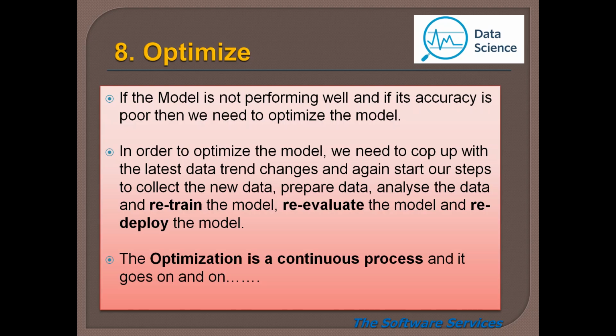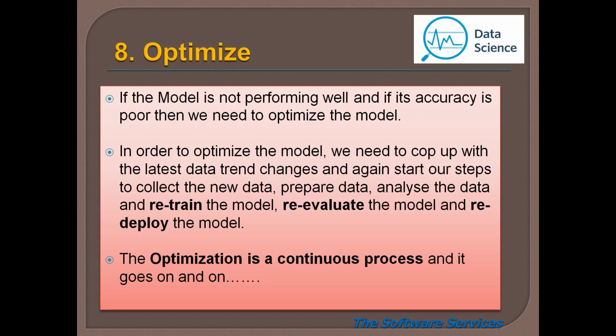After that we have to evaluate the model in the fifth stage, that is model evaluation. We need to evaluate whether the model is performing well or not, whether the model is predicting accurately or not. Those kinds of things we will do in model evaluation.